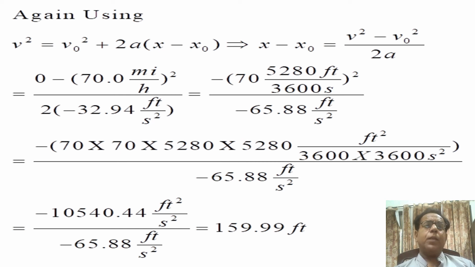So x minus x naught which we had to determine has ultimately become equal to 159.99 feet, and this is the solution of our problem.